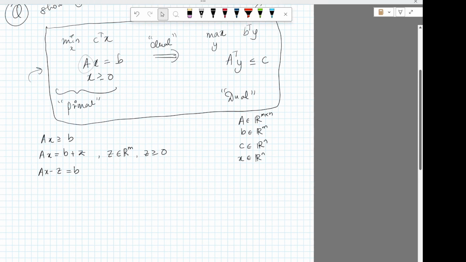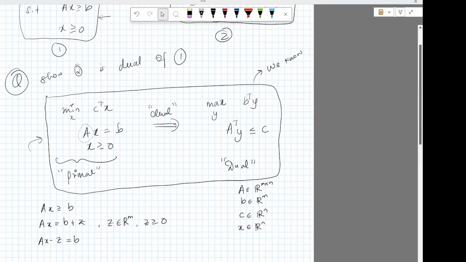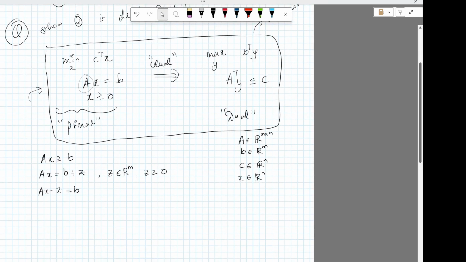But now here I need some matrix times my variables. So how do I convert that?